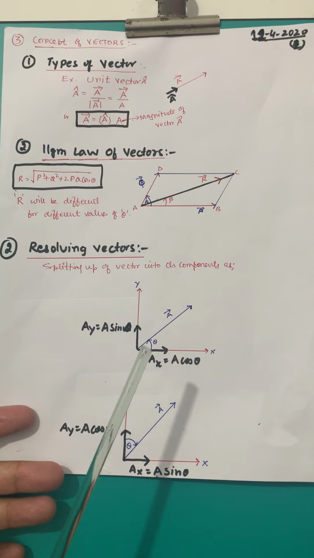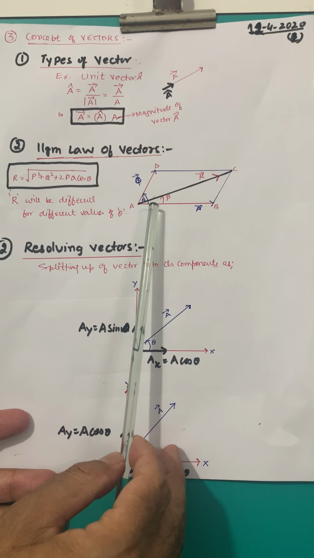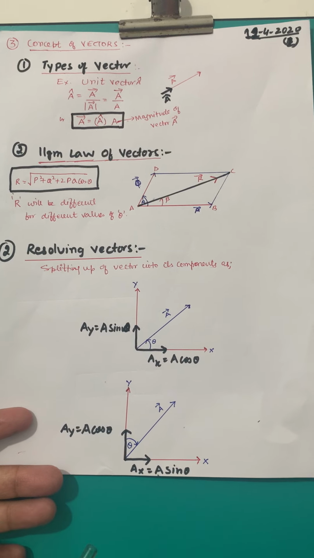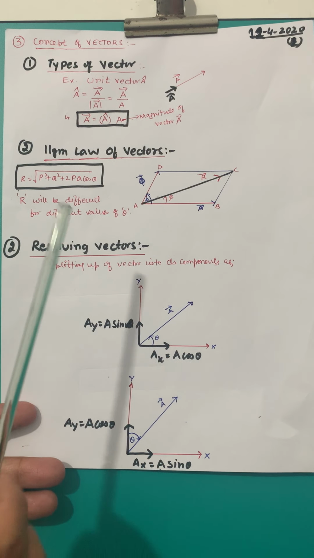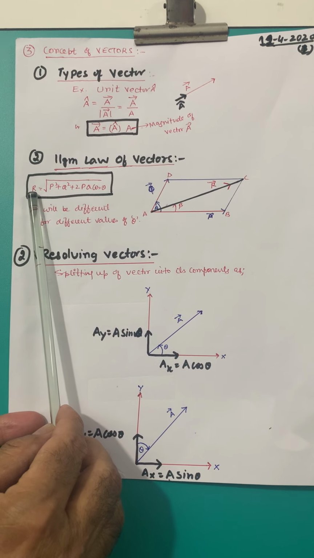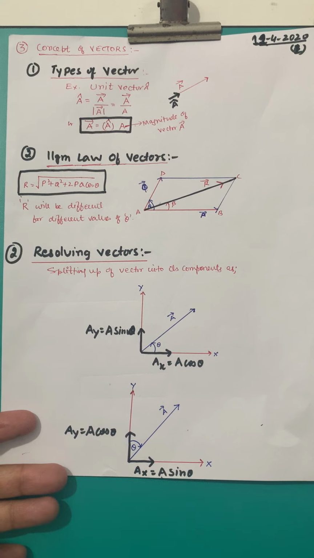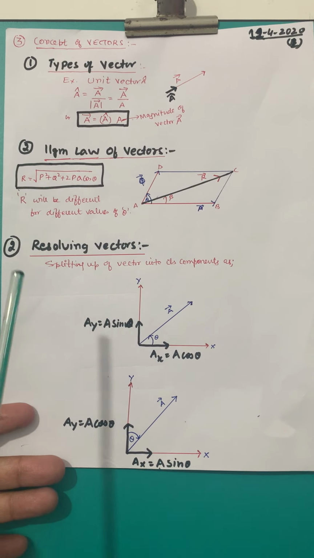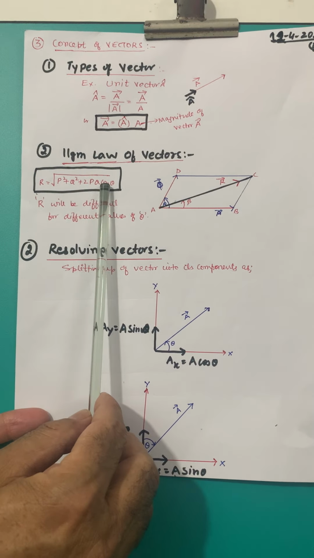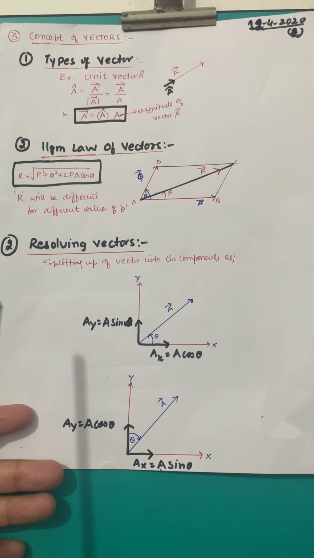We have to know how to apply this parallelogram law in different situations and for different angles, because the resultant depends on the value of theta. You have to concentrate on this topic: as theta varies, the resultant will also vary.